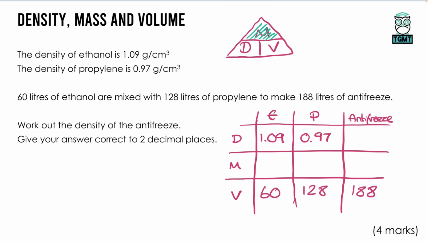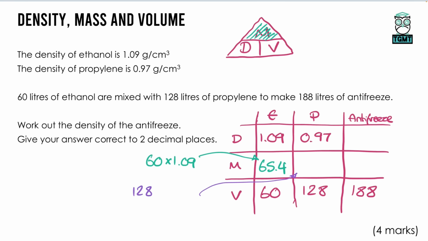For working out the mass though, we are going to do this multiplication, so I'm going to write my working out to the side for this first one, which is 60 multiplied by 1.09. So 60 times 1.09, there we go, and when we multiply them together that comes out as 65.4. I can then work out the mass of the propylene, just here, by doing the volume, 128 times 0.97.